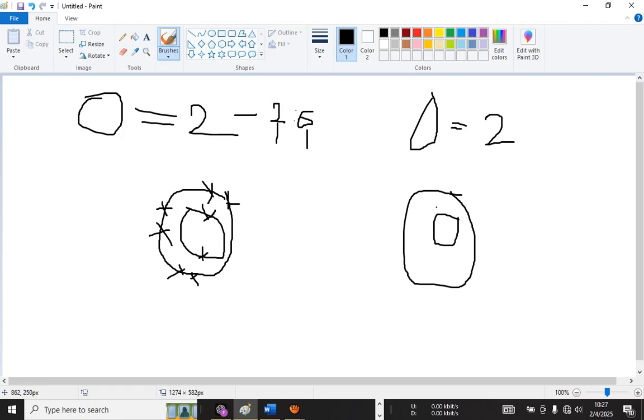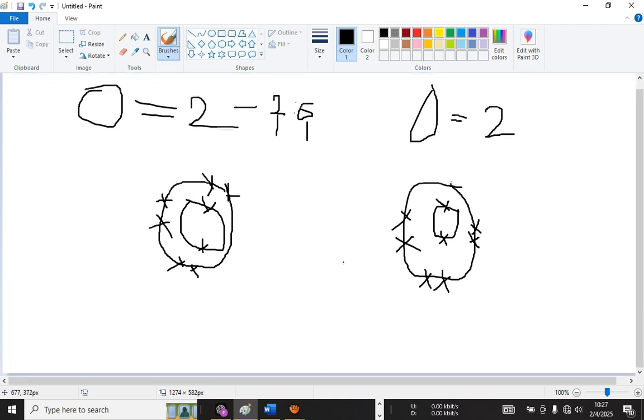The same also applies here. Now what will happen to these two oxygen atoms?